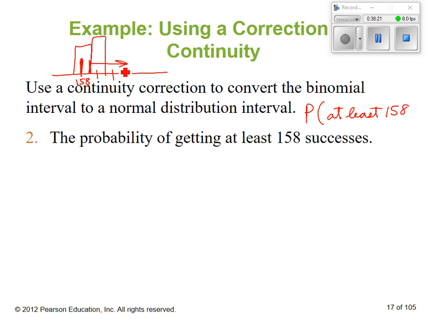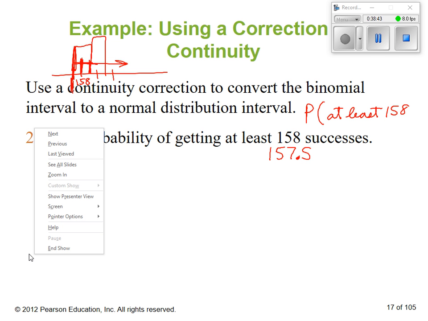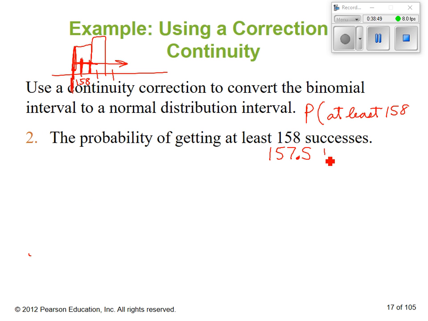You want to start at 158 and go up. Would you want to start below 158? You've got to include 158, so we want to start right here. What's that number going to be? 157.5. Drawing the picture might help you get an idea there. So we're going from 157.5 and up, so the probability that X is greater than 157.5. That's it.